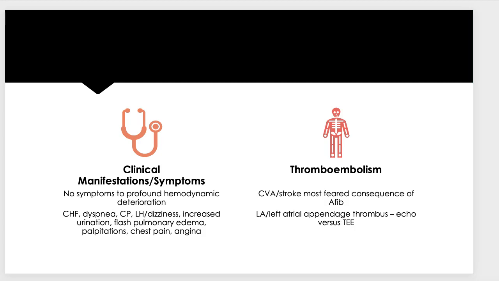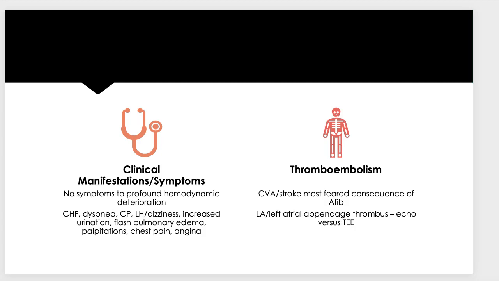Besides just the rate of atrial fibrillation, the other aspect of this that we are most concerned about is the CVA and stroke risk. Because the upper chambers of the heart are not contracting as they should, the left atrial appendage is an area where clots can form.